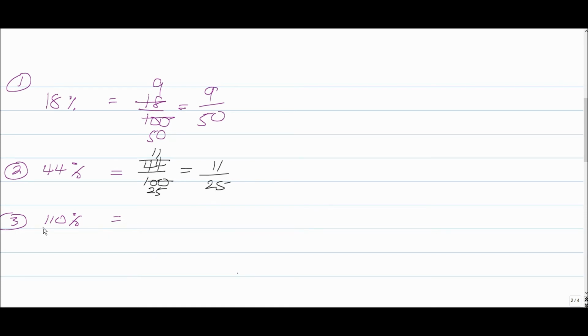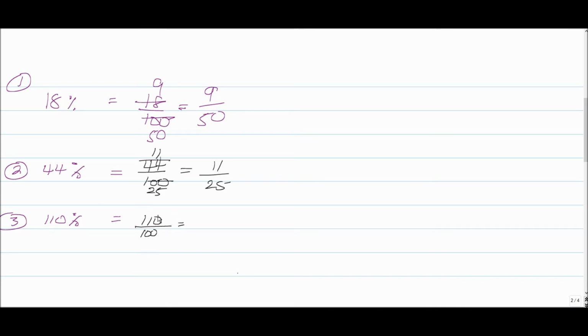We have 110%. Now, if it's out of 100 and we have 100 things and we have 10 more, we simply have 110 over 100. And we could use 10. We could say 10 into 110 goes 11 times, and then 10 into 100 goes 10 times.